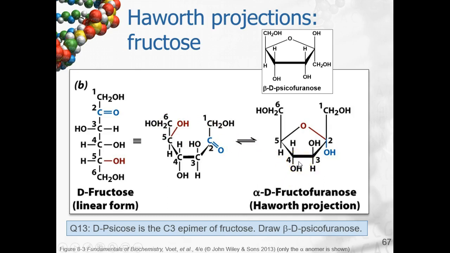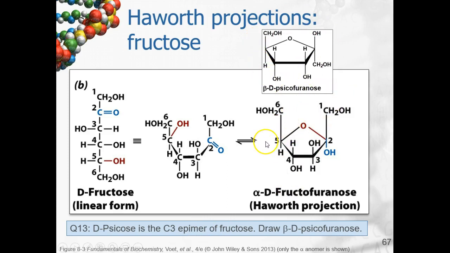Now I meant to animate this, but I sort of gave away the answer. Question number 13 asks you to draw the beta D cyclofuranose. So if you're told that the D cyclose is the C3 epimer of fructose, then this is how you would draw beta D cyclofuranose.